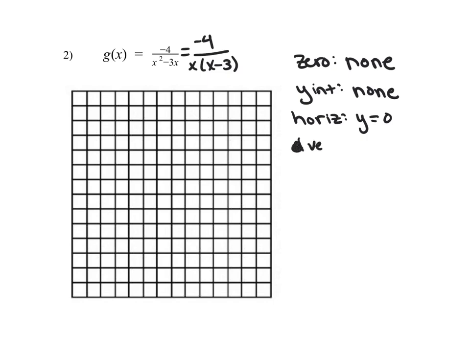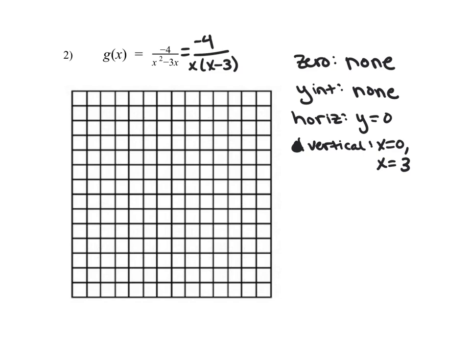And then our vertical asymptotes will be at x equals 0 and x equals 3 because we have 2 zeros there. Okay, and now we can go ahead and graph this.